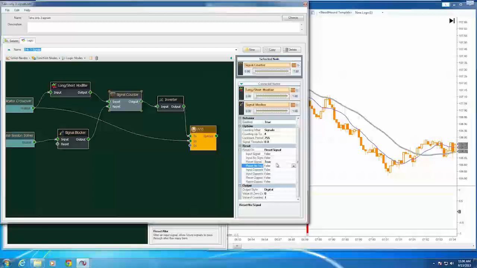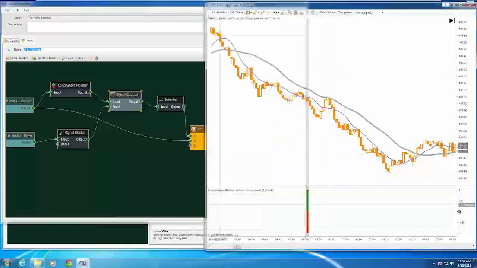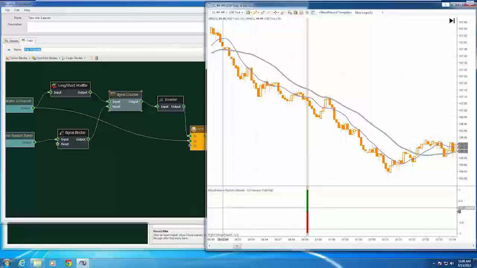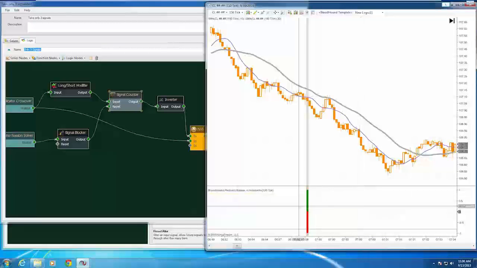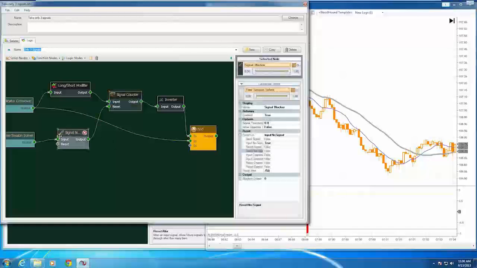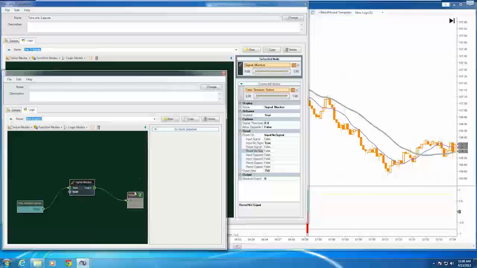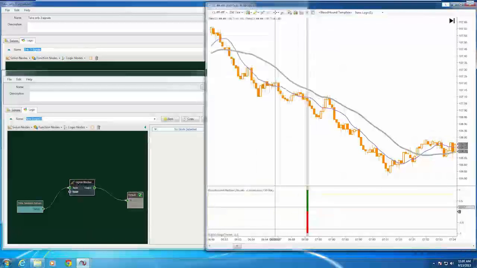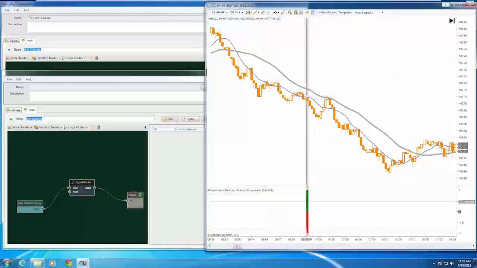Then I realized that there's probably a more efficient way, and that was simply to reset the count when it was off anyways, and then start the counting for real when the session opened. So the signal blocker was actually not necessary in the original design, but nonetheless, I figured I'd show you what I was thinking this morning when I originally put this together.